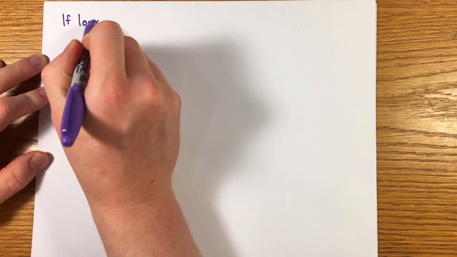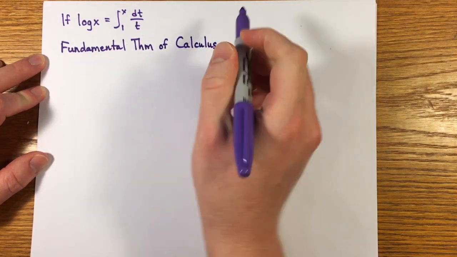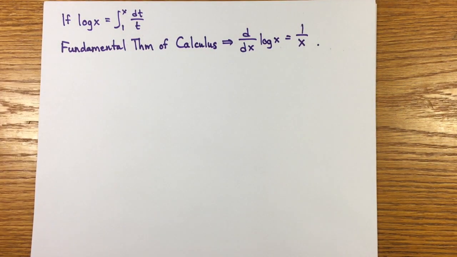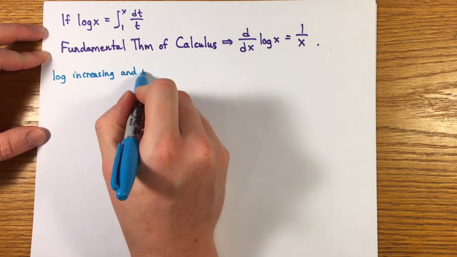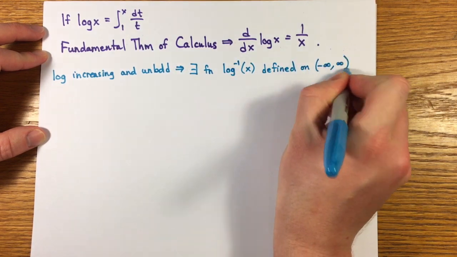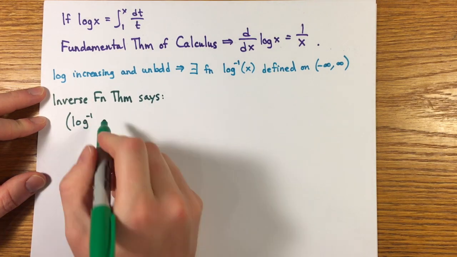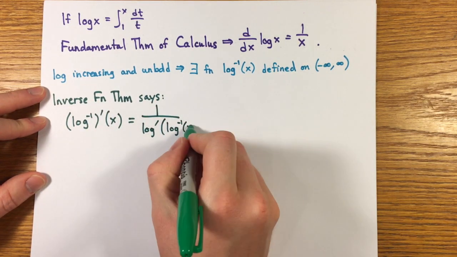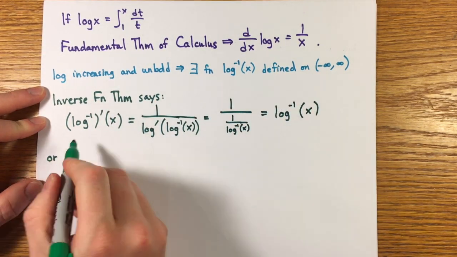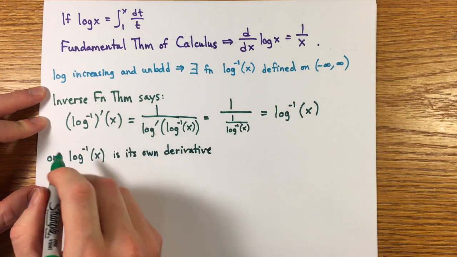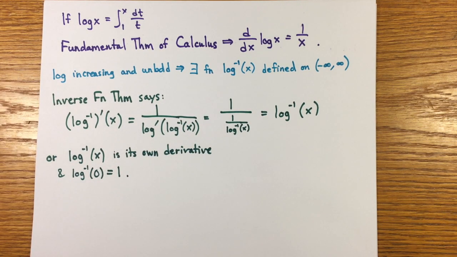Now, if you have the fundamental theorem of calculus, you can see that the log is differentiable with derivative 1 over x. And then the inverse function theorem will say that the log has an inverse whose derivative is 1 over log prime at log inverse of x, which is log inverse of x, so the log inverse solves y prime equals y with y of 0 equals 1.